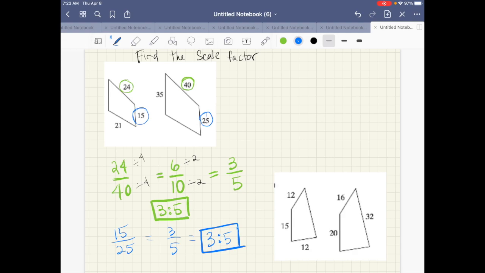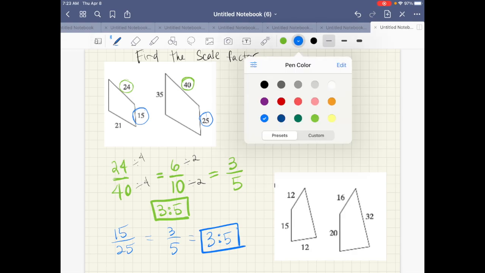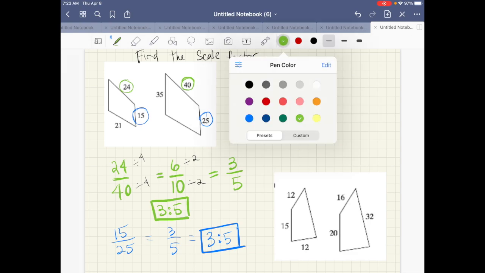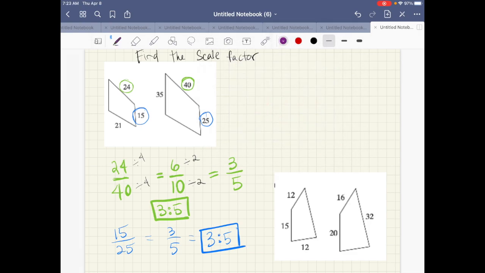So let's take a look at this next problem. Let's change up the color scheme here. So again, we're going to look for our corresponding sides. So the corresponding sides I see right away is here to here, 12 to 16.